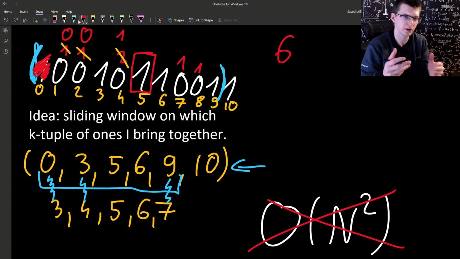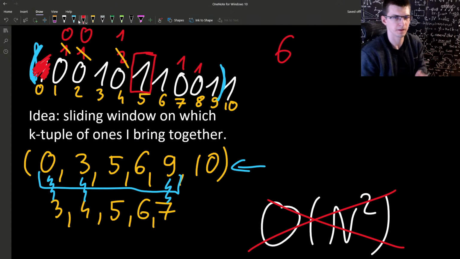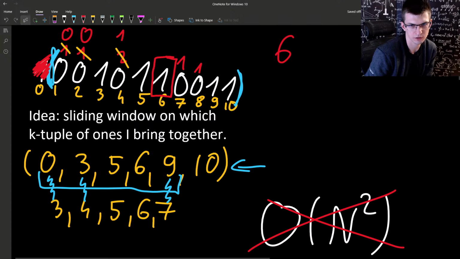So the number of ones on the left that need to travel to the right decreased. The meeting point is now here. And also the interval is like that. What else changed? For those zeros, their counts increased by 1. So it is now 2 and 2.